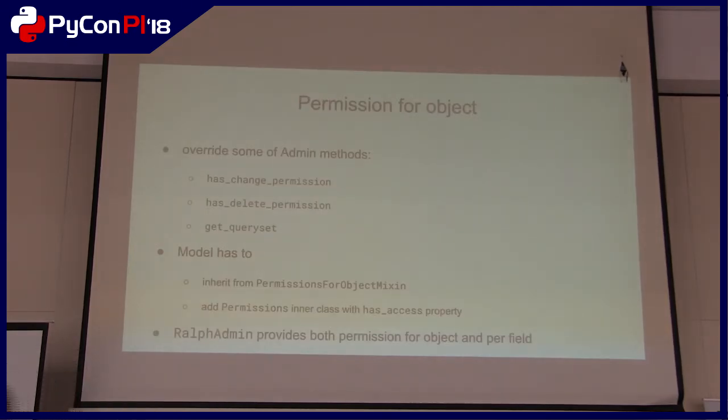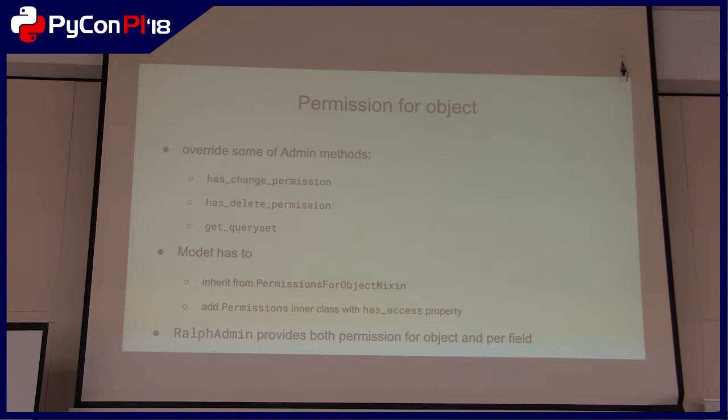Permissions for object. We have to override some Django admin methods like has change permission, has delete permission, and get query set to narrow down only to the object the user has permission to. And if the model will use the permission for object, it has to inherit from permission for object mixin and add some nested class permissions with has access property.